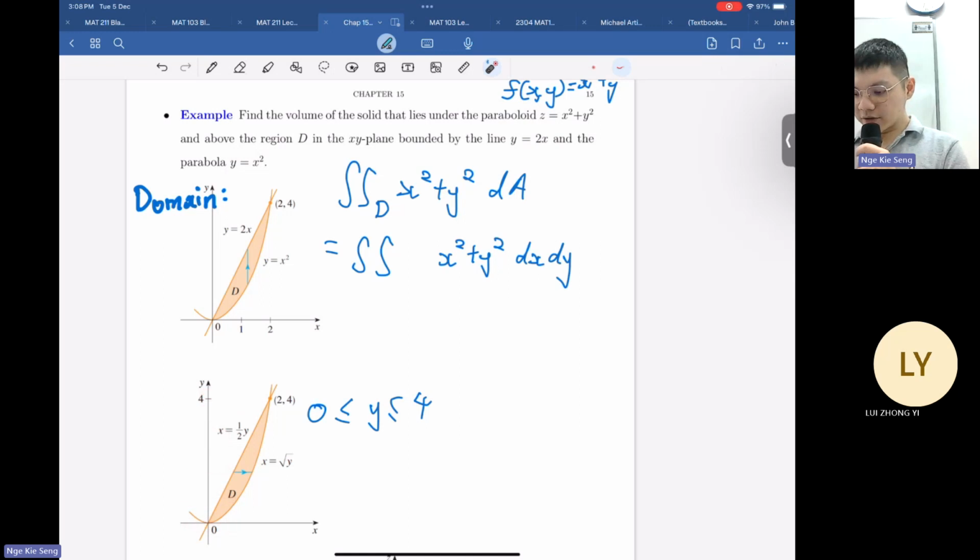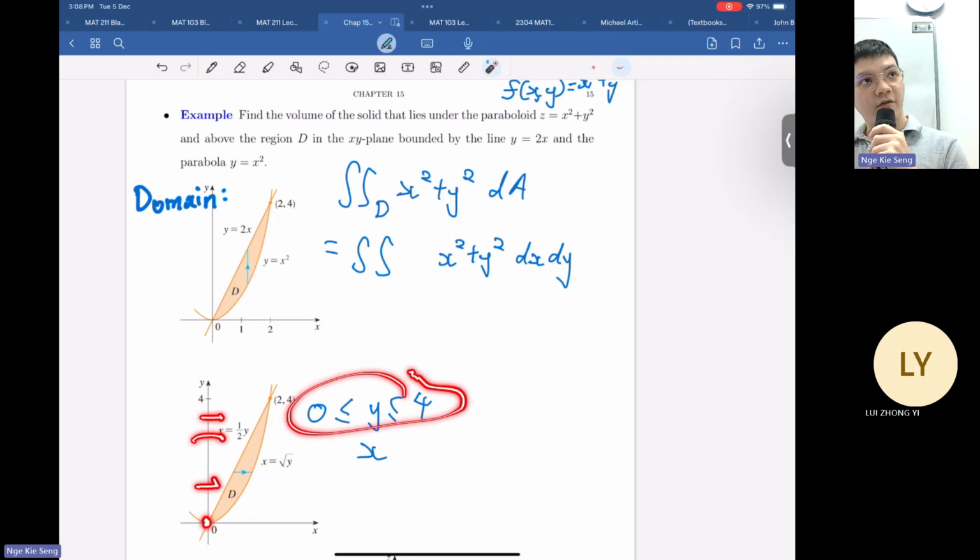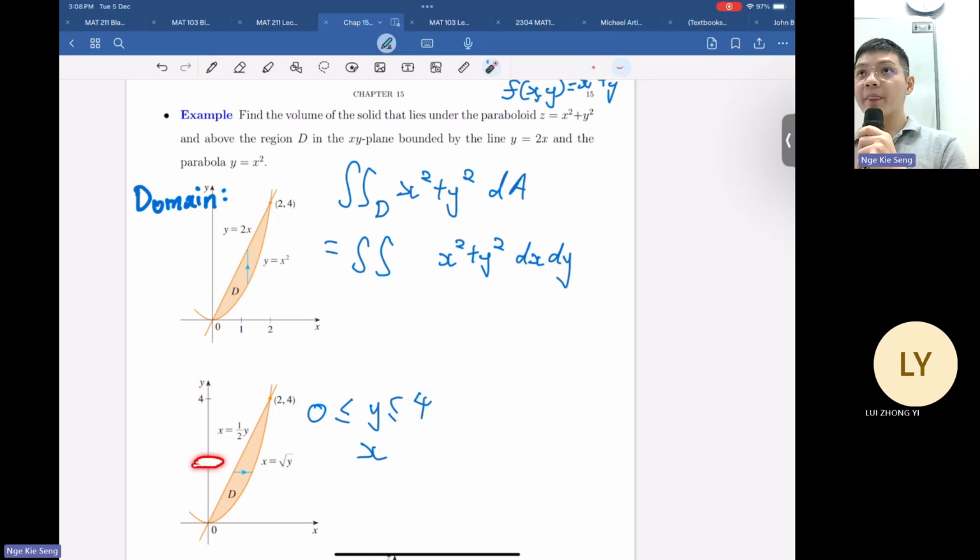But how to determine your x? Let's see. If you fix your y at 0, you say y is going from 0 to 4, right? So you need to tell me what happened when y equals 0. y equals 1, 2, 3, 4. So when y equals 0, what is your x? Your x is just 0. But when you go to 2, for example, what happened?